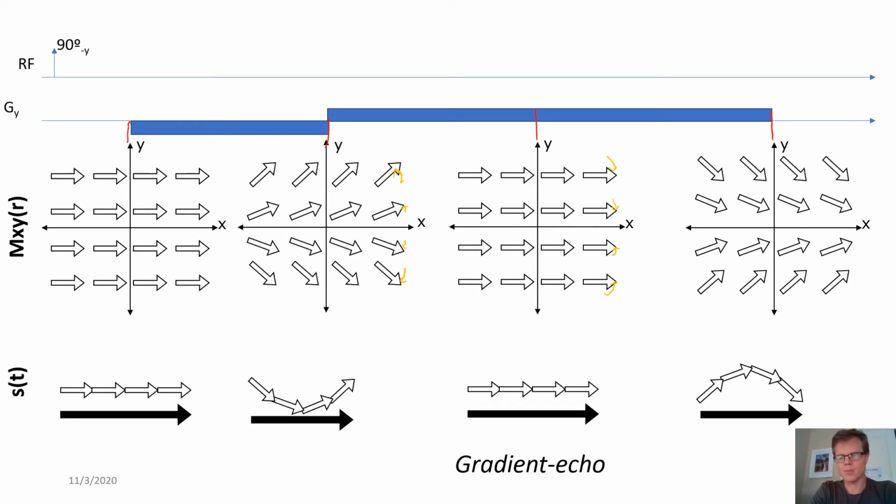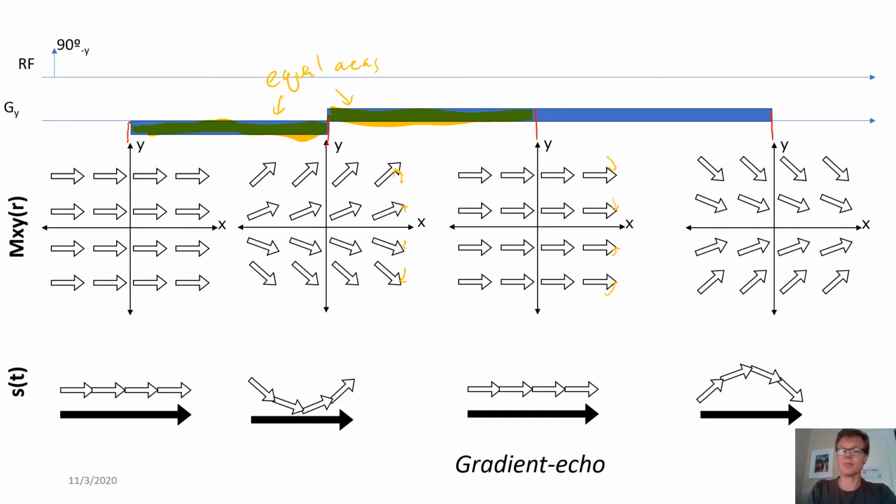And at a certain time, we can cancel out the effects of prior gradients. Again, that's going to be when we have equal areas here. And so this is when the gradients are going to cancel out from each other.